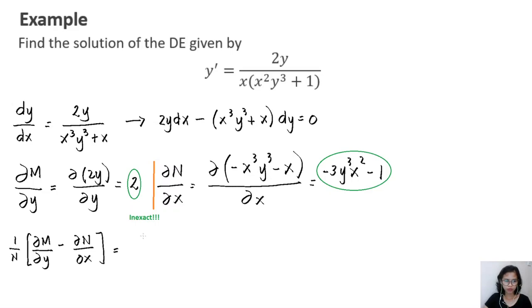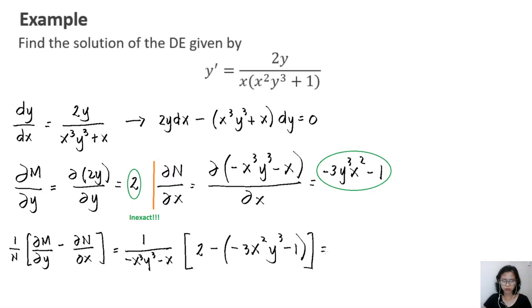So 1 over negative x cubed y cubed minus x. I'm just distributing the negative there. And what is our M? That is 2 minus this one, negative 3x squared y cubed minus 1.